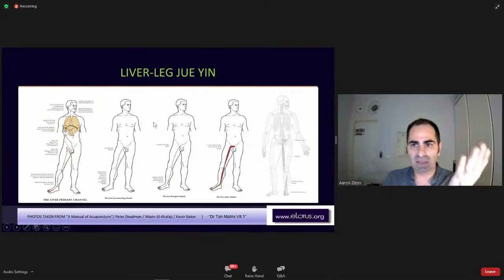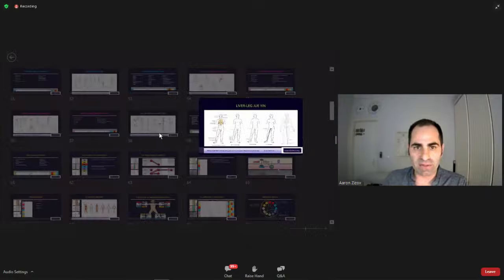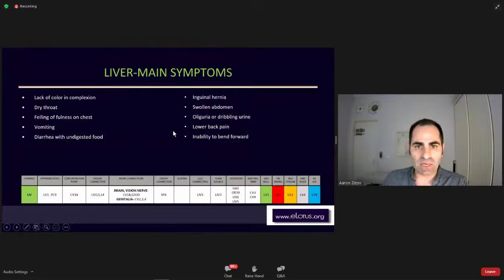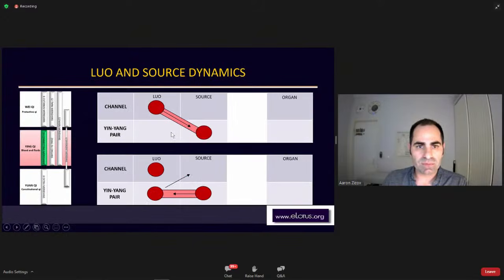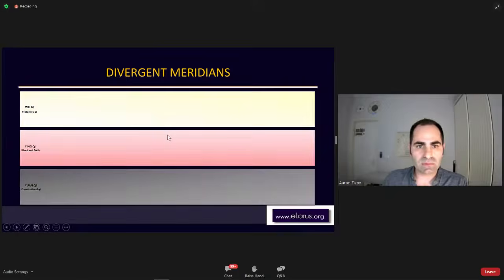Again, divergent, they lift the chi up, so we can direct it up to the gallbladder, basically. That's why gallbladder is there too.